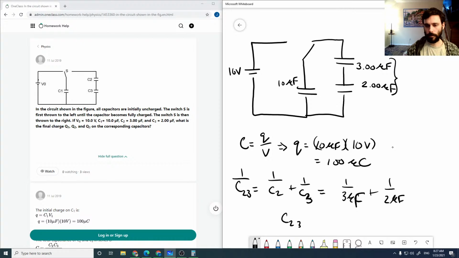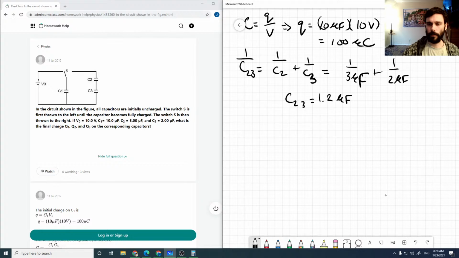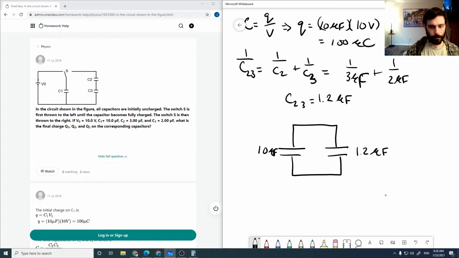So our C23 comes out to be 1.2 microfarads. And so the equivalent circuit we have then is this, where this is 1.2 microfarads, this is 10 microfarads.